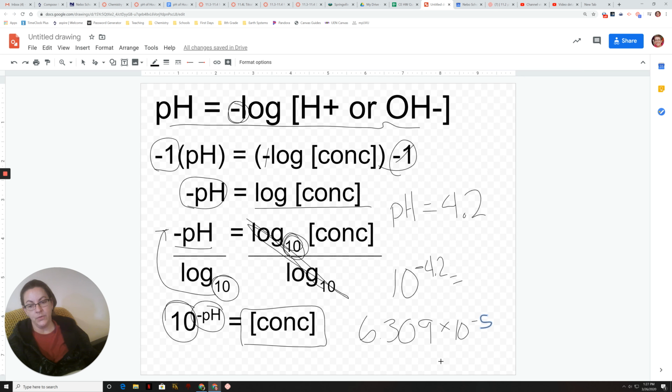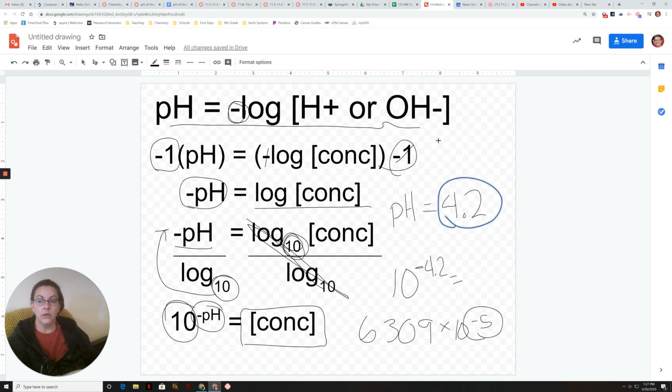Okay, now if you realize that this exponent right here, if you use the estimating, this exponent works with what our pH number is, because our pH number for this should be between 4 and 5, right? Oh, and I apologize, something I forgot to teach you guys when it comes to estimating.